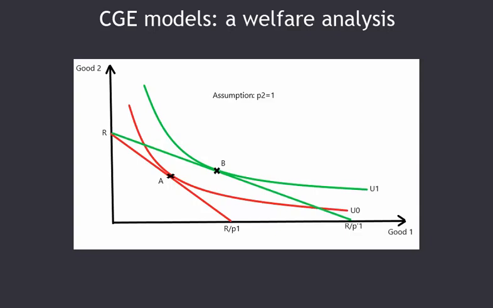To explain John Hicks' equivalent variation, which will give us a monetary metric of welfare, I present here a simple example. Here, the utility of an agent depends only on the consumption of two goods, 1 and 2. The agent's income is R, the prices are P1 and P2.